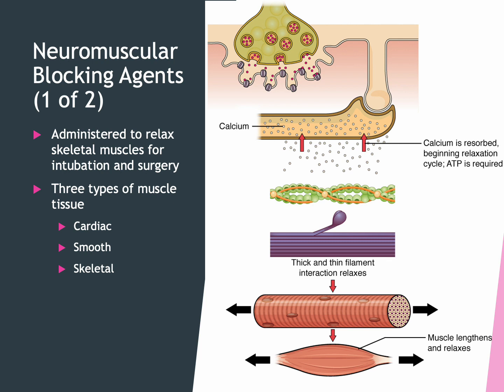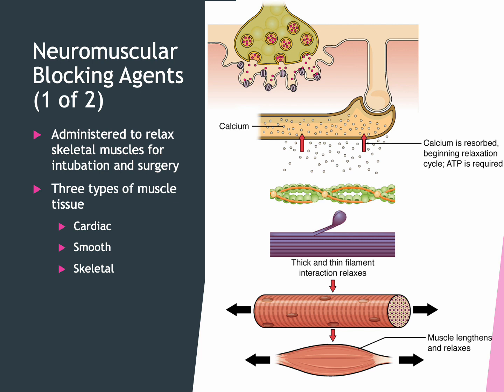So depolarizing agents act like acetylcholine. They're going to bind to the receptor sites and they're going to cause contraction. And these contractions are going to be observed as small twitches that are just under the patient's skin, and this is referred to as fasciculation.